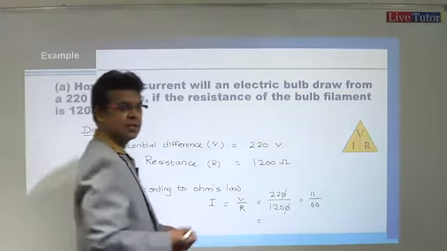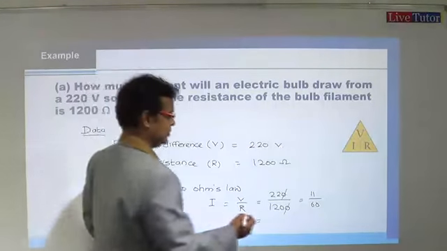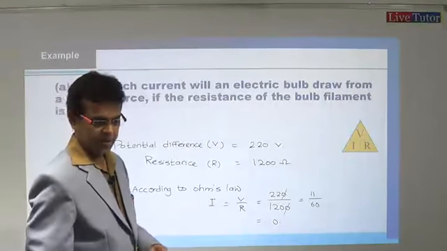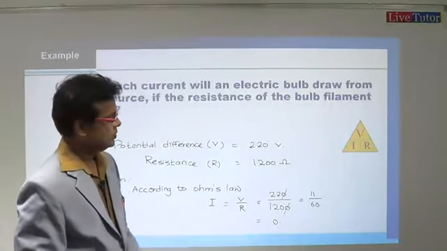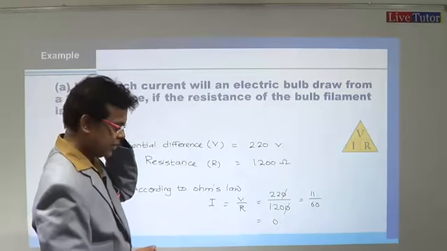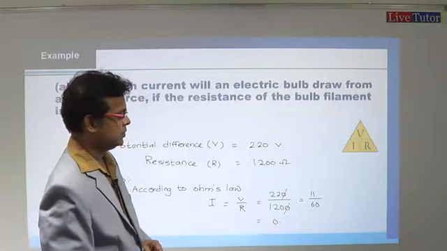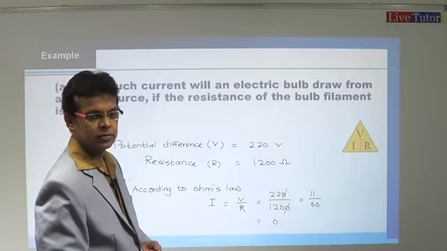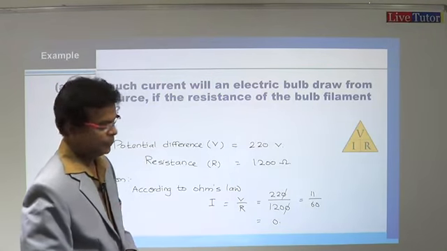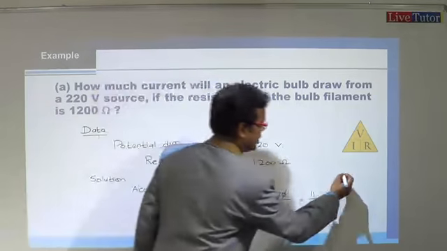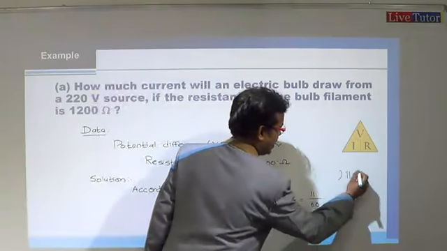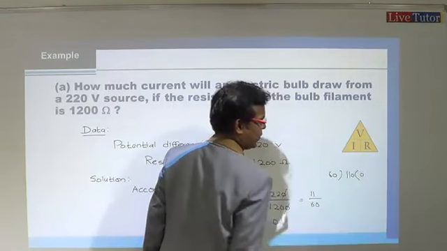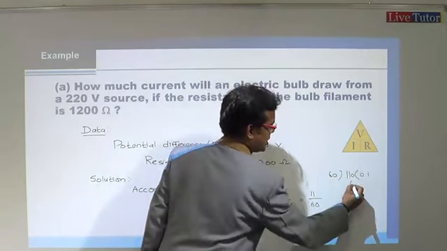So how will you divide this? 0 point. How will you divide? 11 divided by 60. So you have to put 0, add 1 0. One time you can say it is 60.